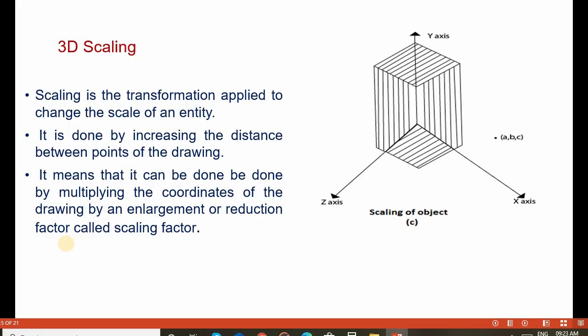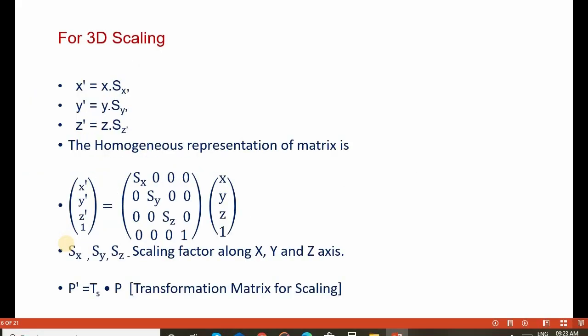So the scaling factors remain the same as in 2D also. In 3D scaling, x dash, y dash, z dash is the new scaled image. x, y, z is the original object coordinate system.